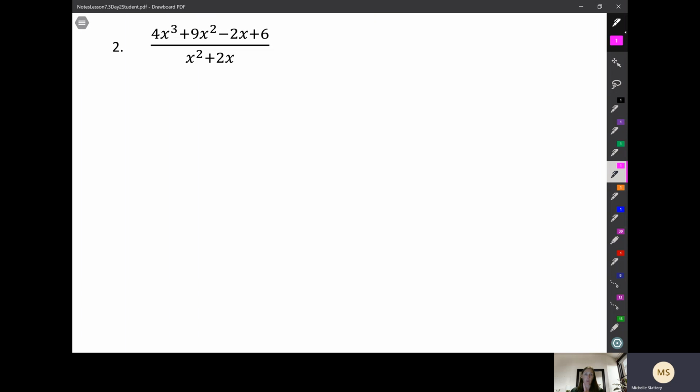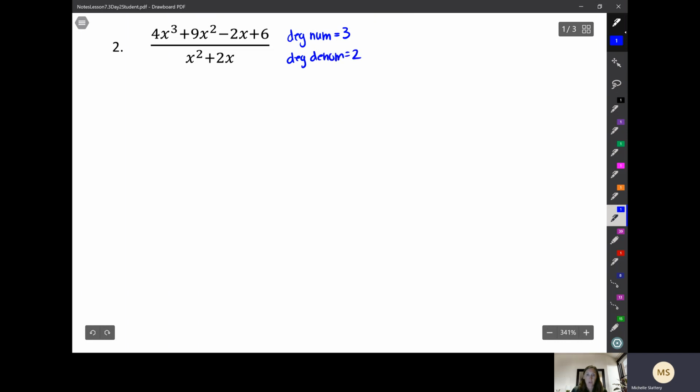The numerator had a degree of 1 and the denominator had a degree of 2. Here, the degree of the numerator is equal to 3. The degree of the denominator is equal to 2. So this is an improper fraction.